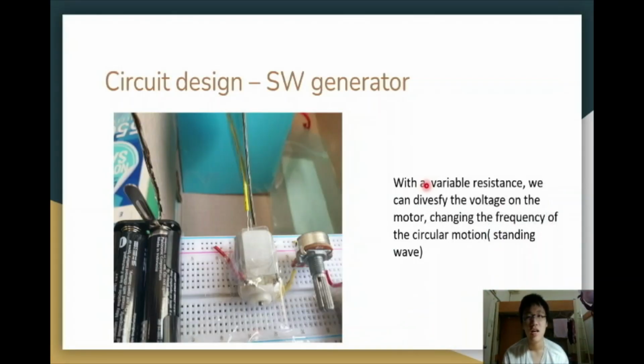Hi, I'm Chen Yijia. I'm going to introduce our circuit. At first, let's look at the standing wave generator. Here is a motor carrying a fan, and next to it is the variable resistor. You can change the frequency of the motor and also change the frequency of our standing wave.